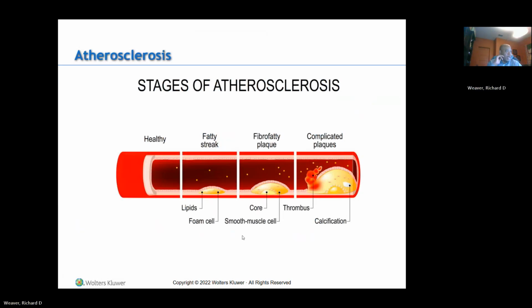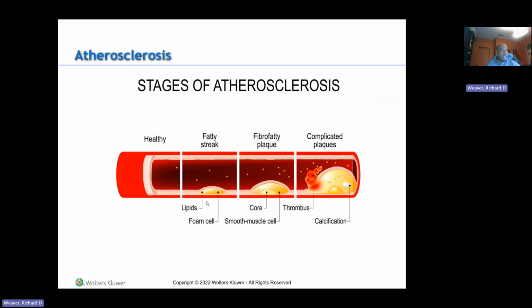Something else I wanted to point out to you all, and I'm hoping that you're able to look at what I'm presenting here. This is basically the problem with atherosclerosis. So typically, this is the inner lining, just look at my cursor, this is the inner lining or the intima portion of the artery.